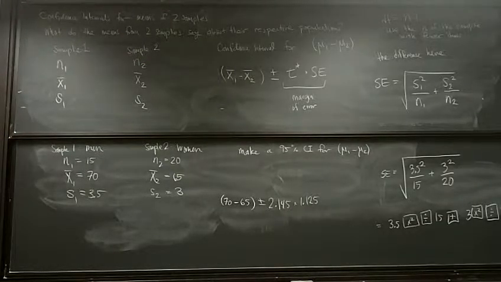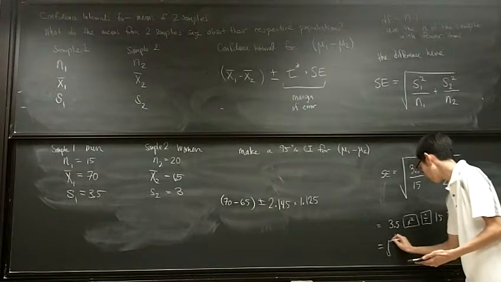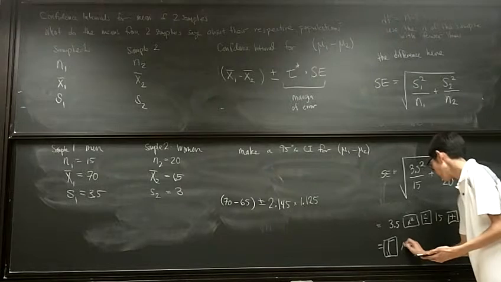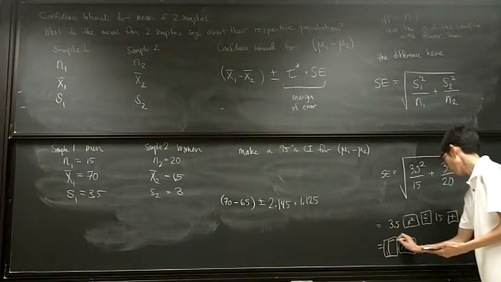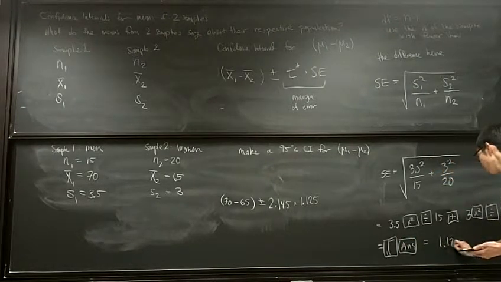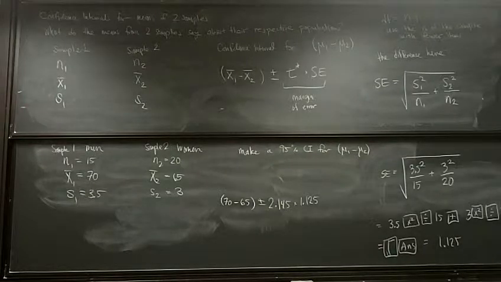When you do that, you get like 1.26 something, and then you hit the square root button, answer, and you should get 1.125. Try that out. Yeah, it worked.